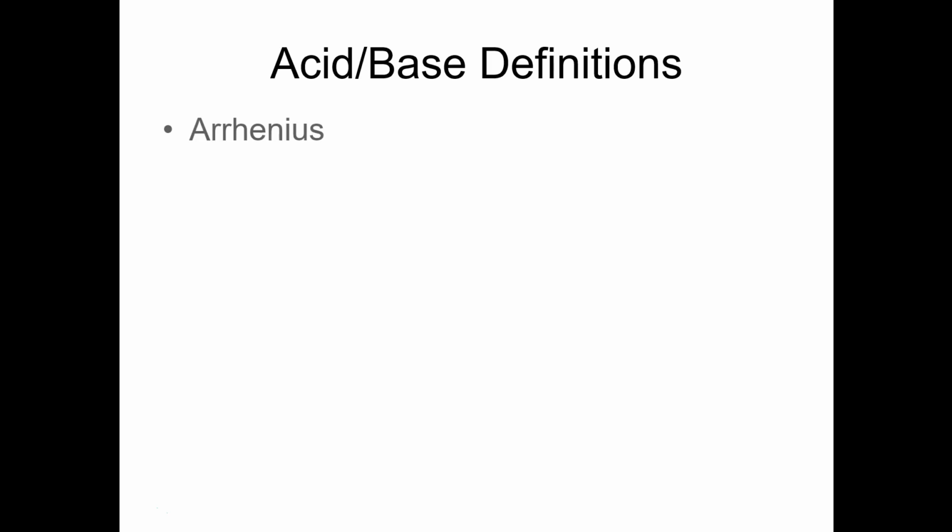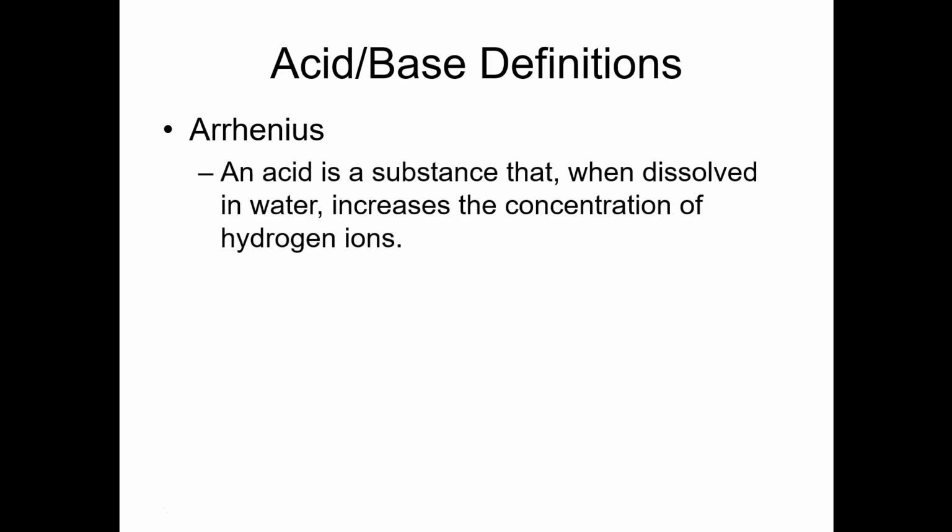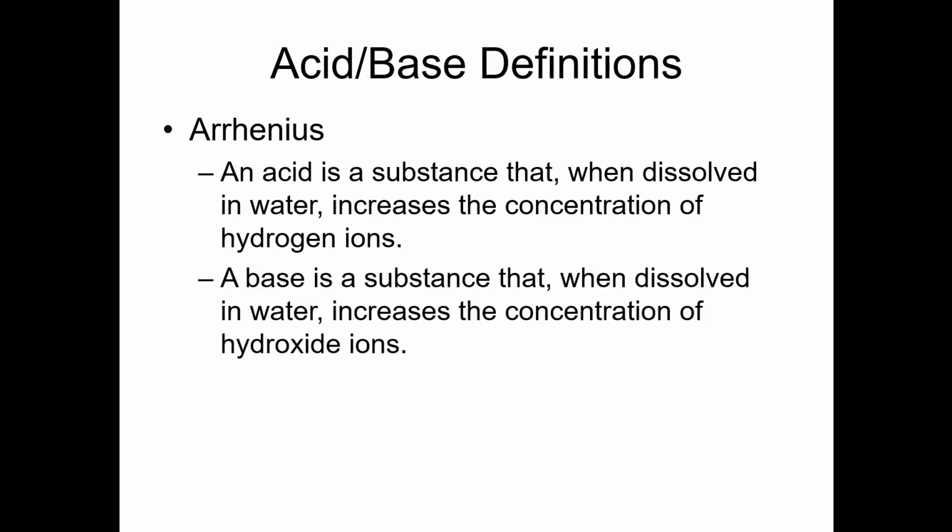Okay, so we talked about this in chapter 4. Svante Arrhenius, who was a Swedish chemist, had developed definitions of acids and bases. An acid is something that when you dissolve it in water is going to increase the concentration of hydrogen ions. And a base is something that when you dissolve it in water is going to increase the concentration of hydroxide ions.